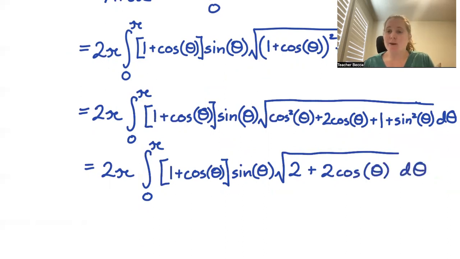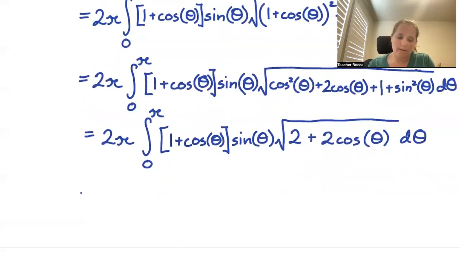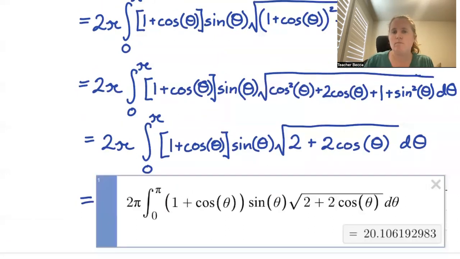Once again, I'm going to go ahead and just plug this into Desmos to evaluate what that surface area is. If we plug this into Desmos, we wind up getting approximately 20.106 square units as our surface area.